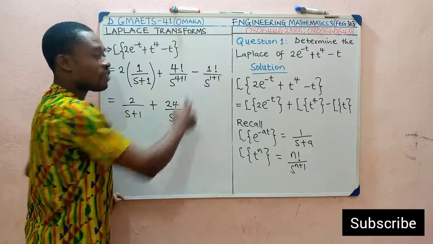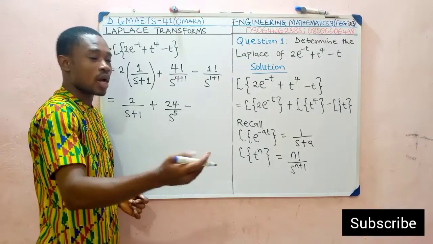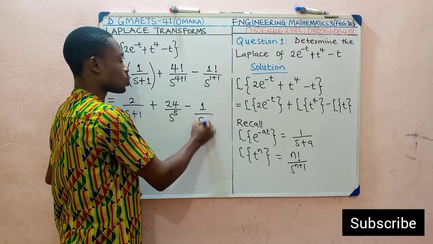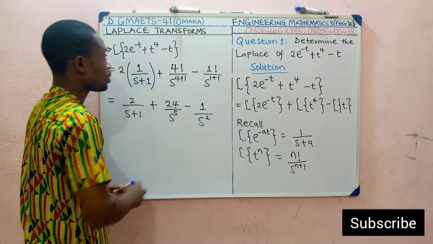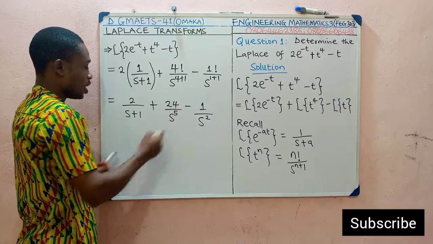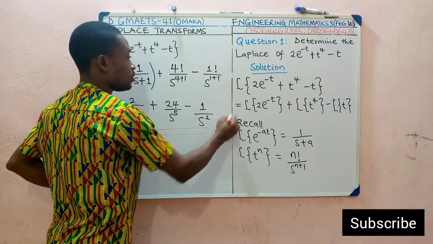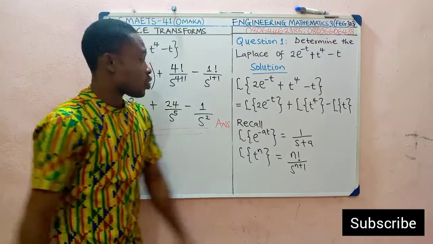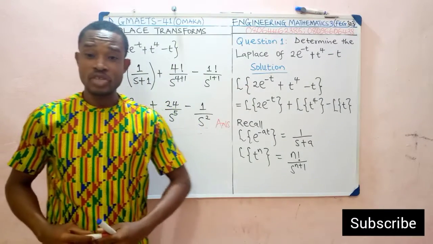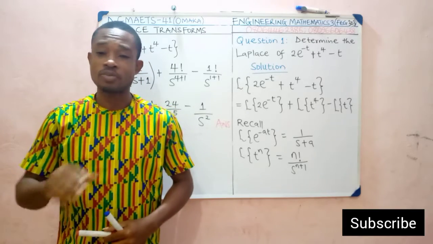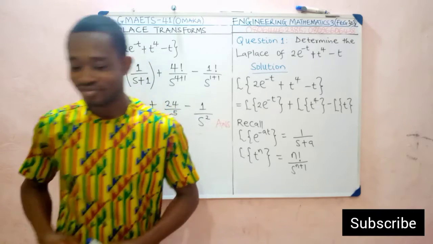Then minus 1 factorial is 1. 1 times 1. Is that okay? So it's going to be 1 over s raised to the power 1 plus 1, which is going to give us 2. And of course, we've obtained our results. This is the solution to this Laplace expression. Very simple, right? So all you need to do is to remember the standard Laplace transforms and your problems are solved.